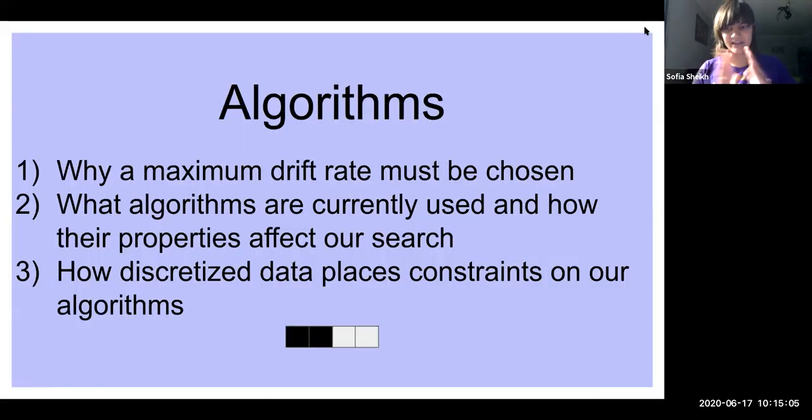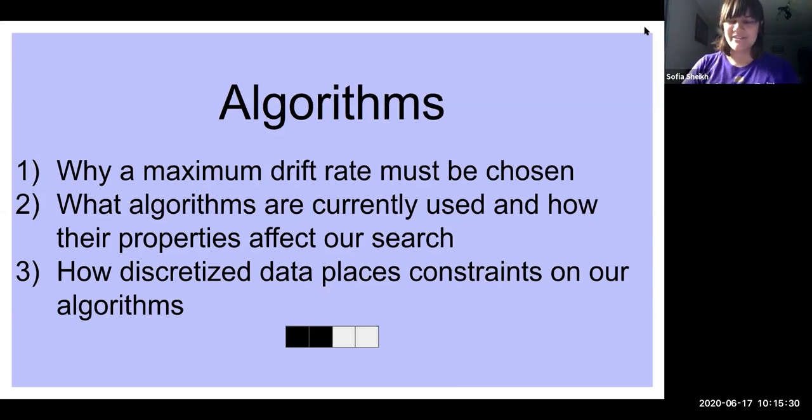So now I'm going to take a brief diversion into algorithms. Ideally, the solution to this problem is just search all the drift rates, right? If you don't know what the maximum one that's physically allowed will be, then just search as many as possible and problem solved. It doesn't matter what the physical limits are.